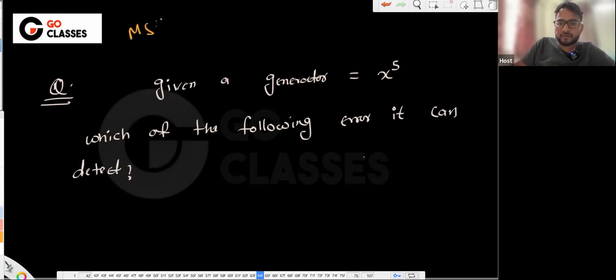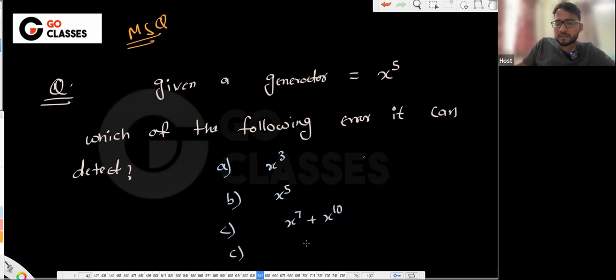Suppose this is an MSQ question. I mean, not a tough question, but anyway, let's just do it. X cube, let's just say x power 5. Let's say it is x power 7 plus x power 10. Let's say it is x power 8 plus x power 9 plus x power 10. Okay, tell me. It can detect or it cannot detect. Let's just say it cannot detect.